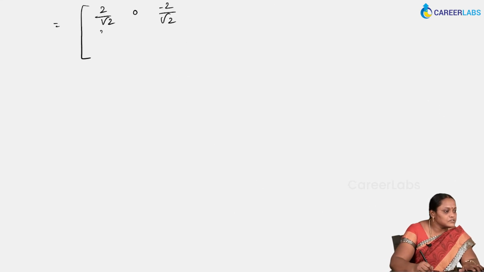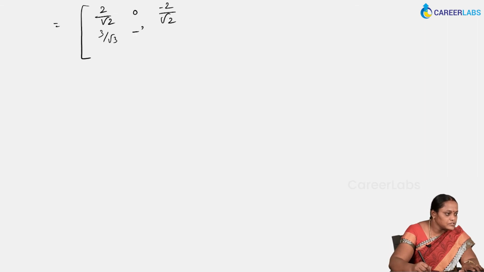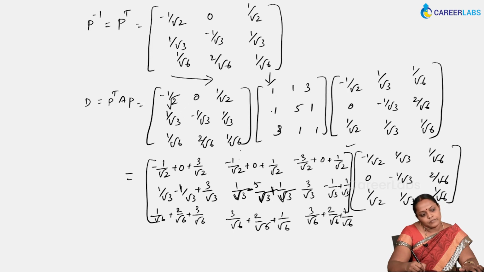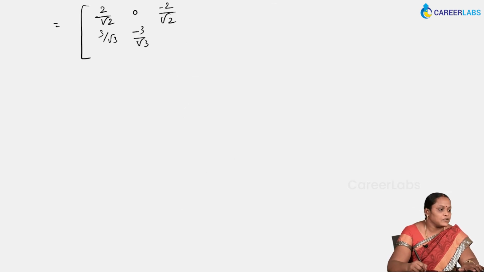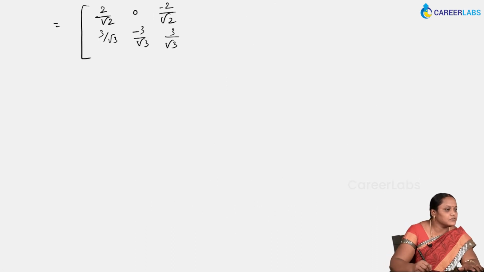The middle element is 1 minus 5 by root 3, that is minus 3 by root 3. Then the last one is 1 by root 3 plus 1 by root 3 plus 1 by root 3, so remaining is 3 by root 3. And in the third row, it is 2 plus 3, 5, 5 plus 1, 6 by root 6. So here it is 6 by root 6 and in this place also it is 6 by root 6.